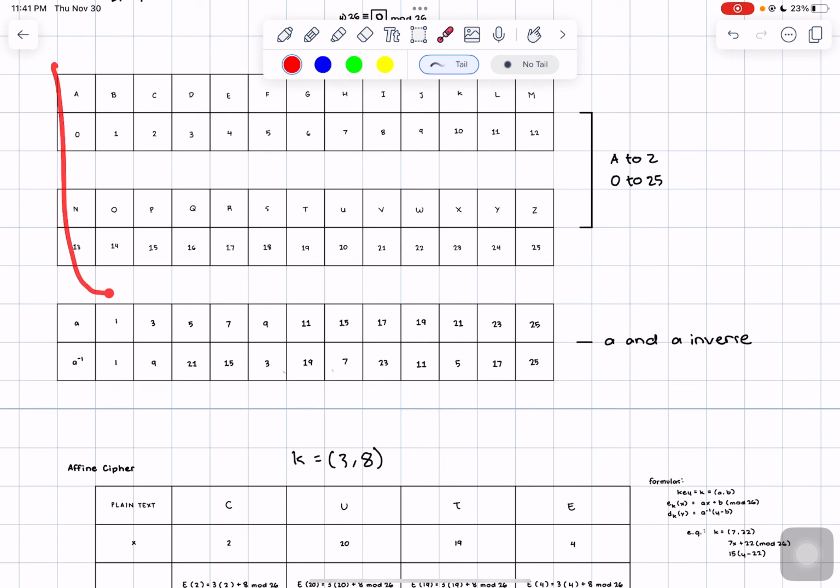So we will use this table. For C, you just find and know that 2 is its numerical equivalent, so that's 2. For U, we get 20. For T, we get 19. And for E, we get 4.